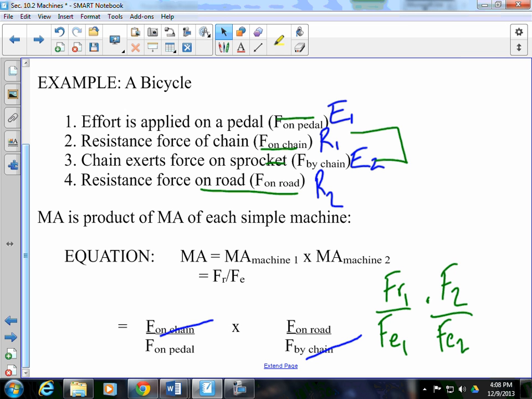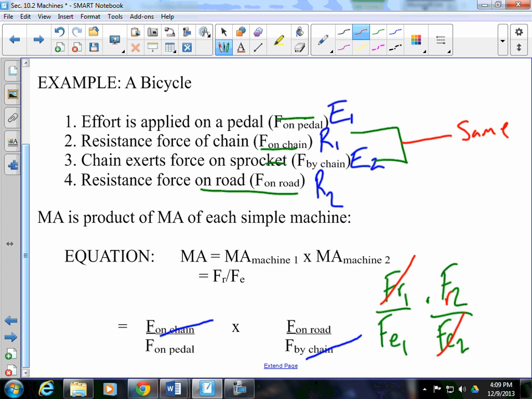Now remember, from up here, R1 and E2 are the same value. Well, if FR1 and FE2 are the same value, they cancel out, and you're going to take FR2 divided by FE1 to figure out your total mechanical advantage for a compound machine. So you're going to multiply those two values together.